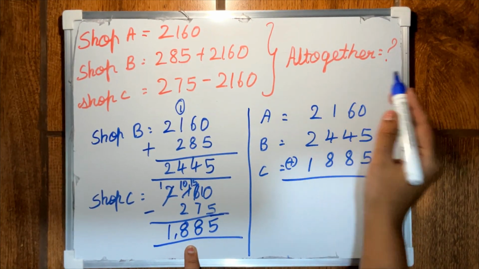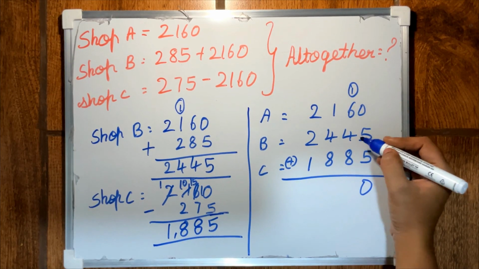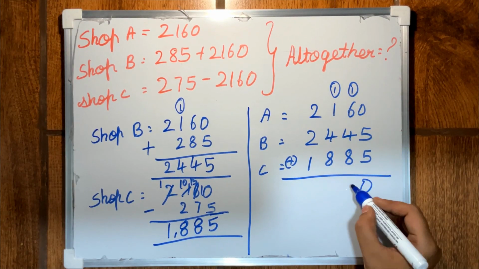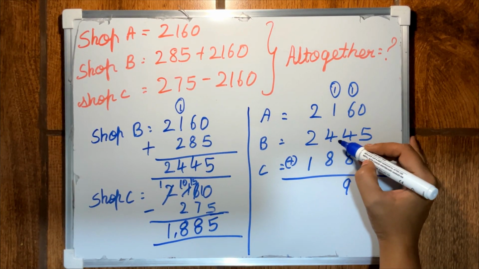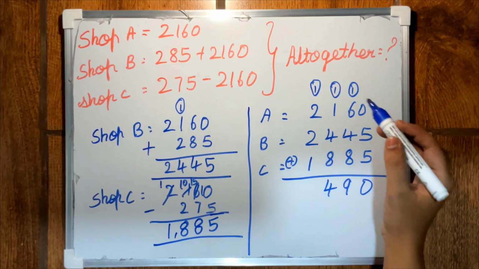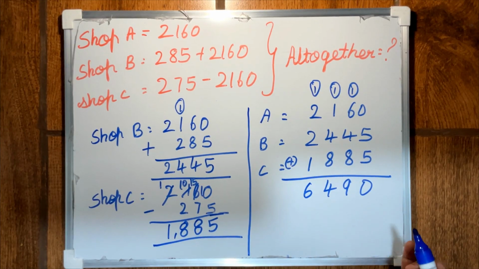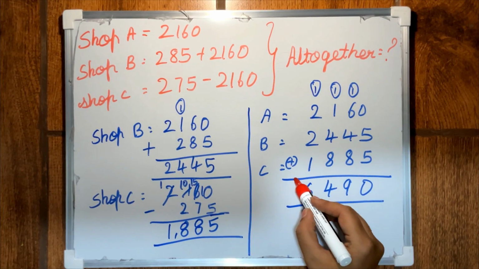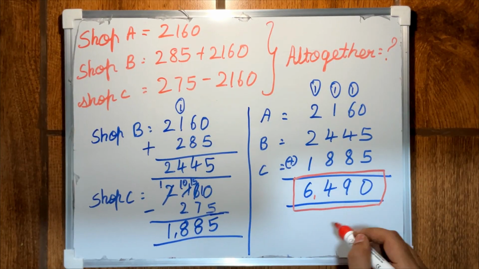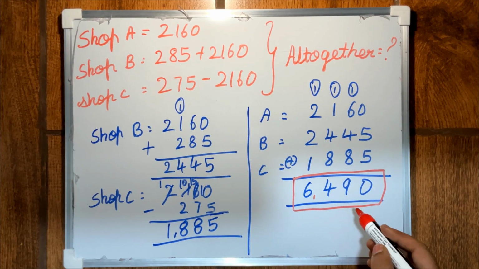Let's add all together. 5 plus 5, 10. 6 plus 1, 7. 7 plus 4, 11. 11 plus 8, 19. 1 plus 1, 2. 2 plus 4, 6. 6 plus 8, 14. 1 plus 2, 3. 3 plus 2, 5. 5 plus 1, 6. So, what is the final answer? 6490. How many bags of tea do all these shops have? 6490.